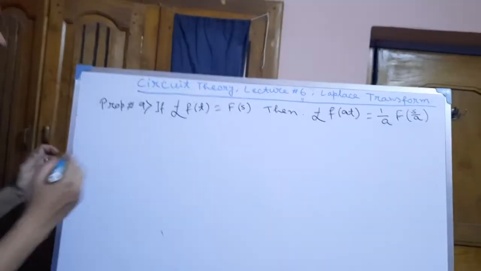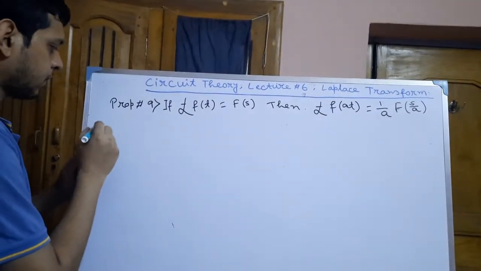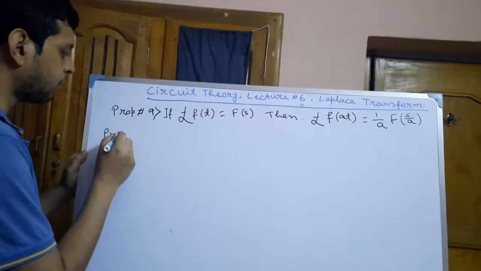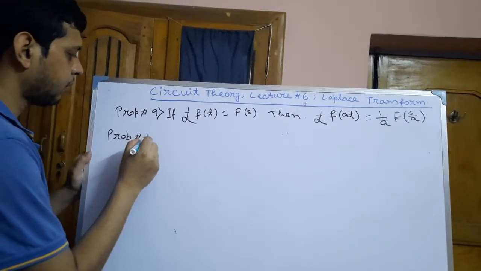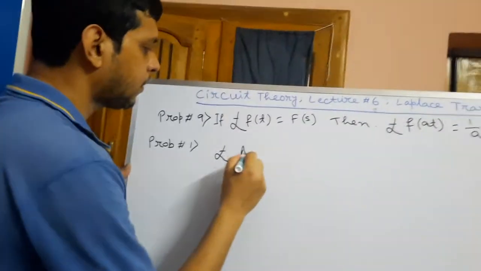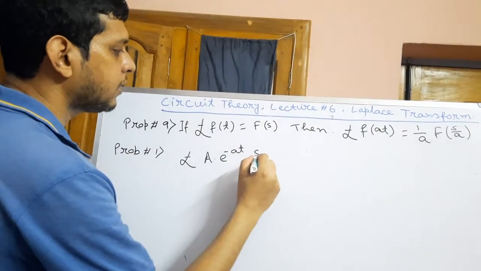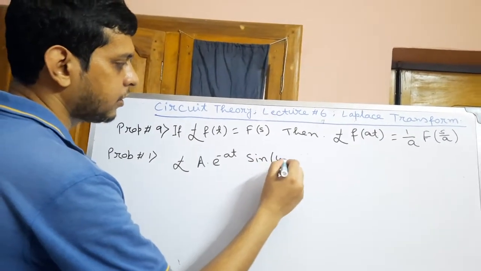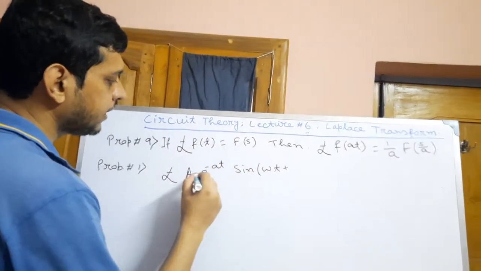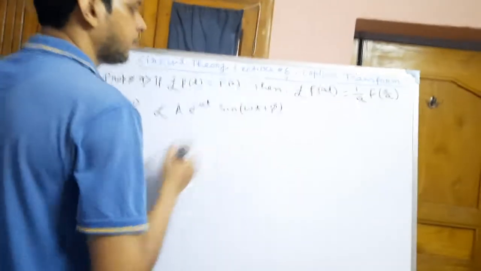Okay. Now let us solve some problems about the Laplace transform. Let us take problem number 1. We have to determine the Laplace transform of a damped sinusoid given by a e to the power minus at sin omega t plus phi.